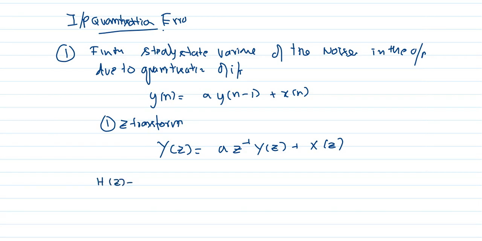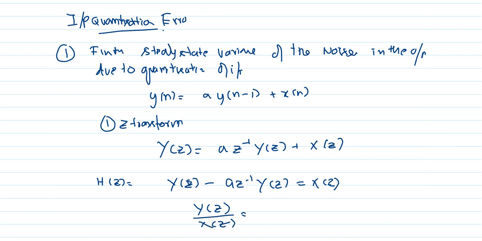You cross multiply these terms, so y of z minus a z inverse y of z is equal to x of z. So y of z by x of z will be equal to 1 by 1 minus a z inverse, which is nothing but h of z.